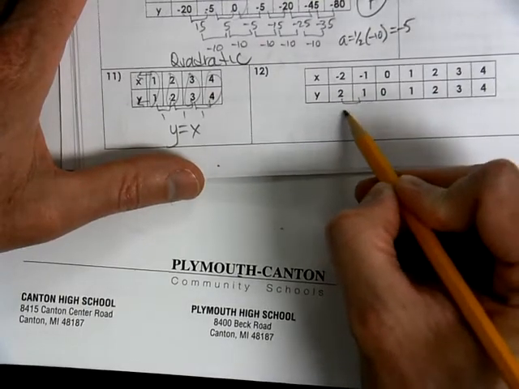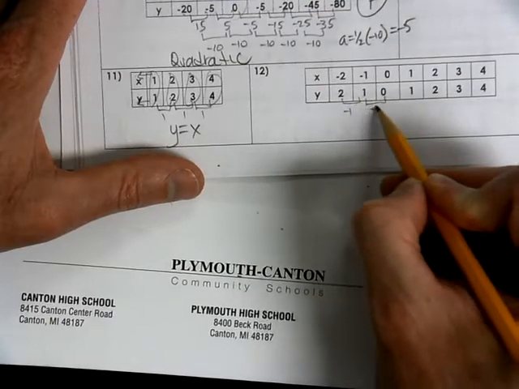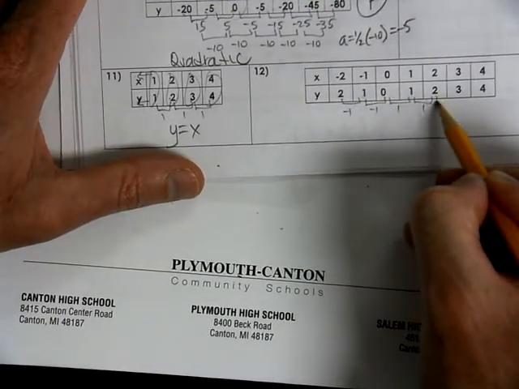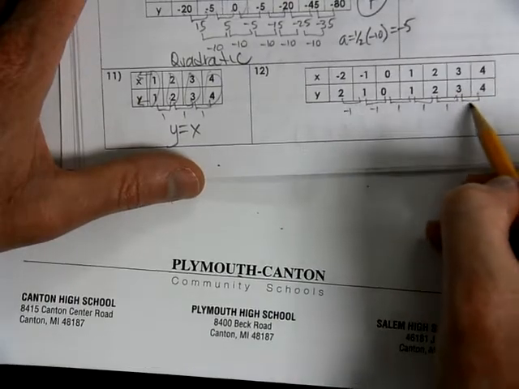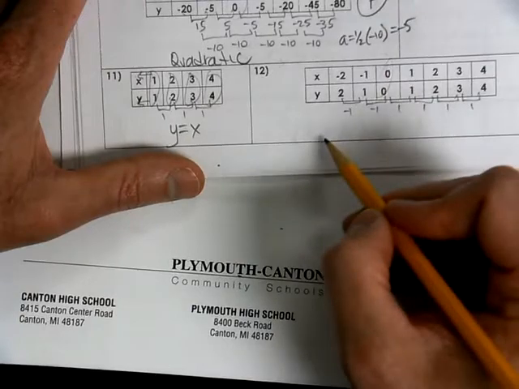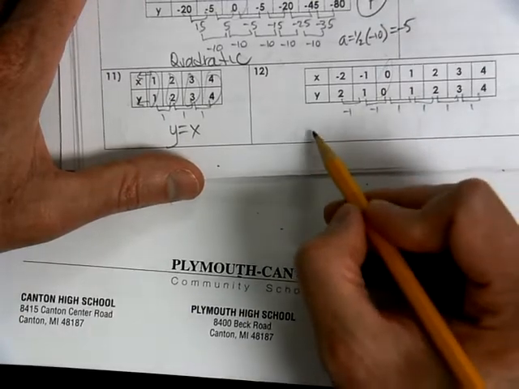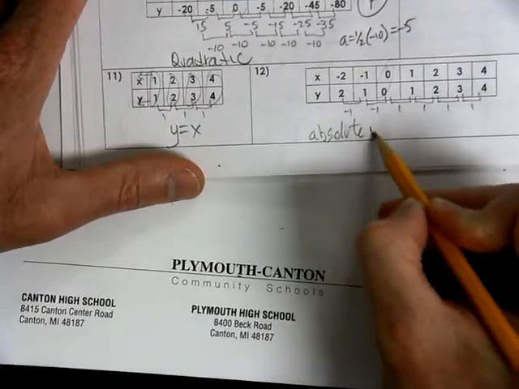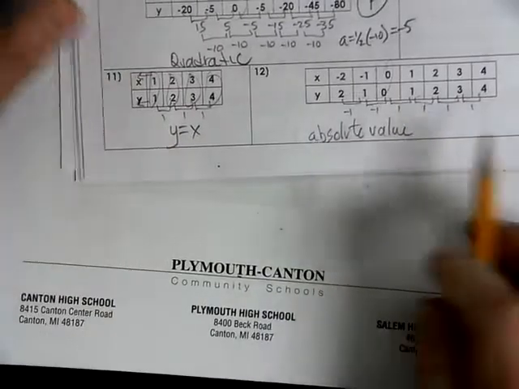Here, we're going down by 1, we're going down by 1, up by 1. Our common numbers make this a vertex, so I see this as an absolute value. See if I don't mess this one up for us.